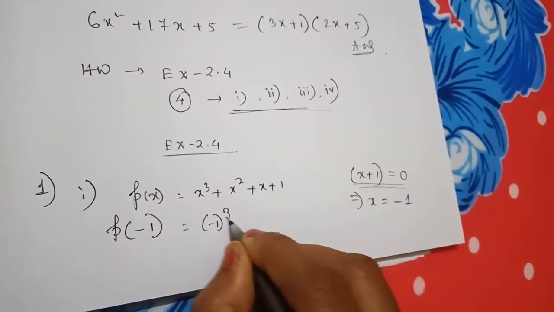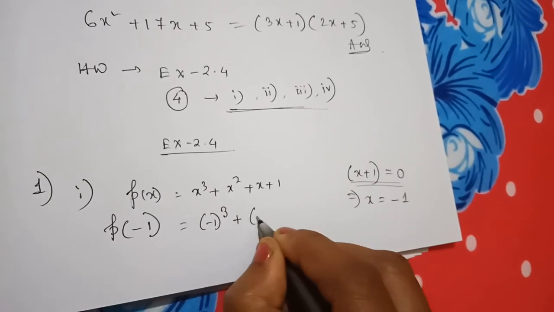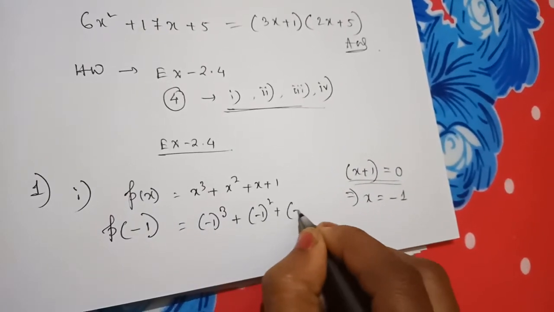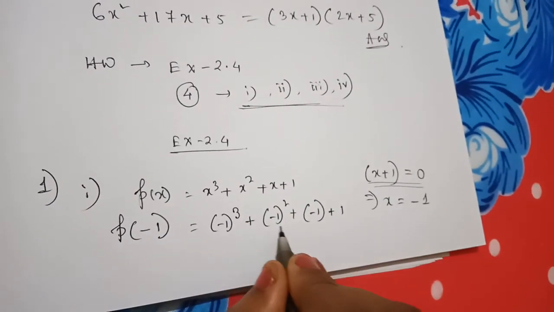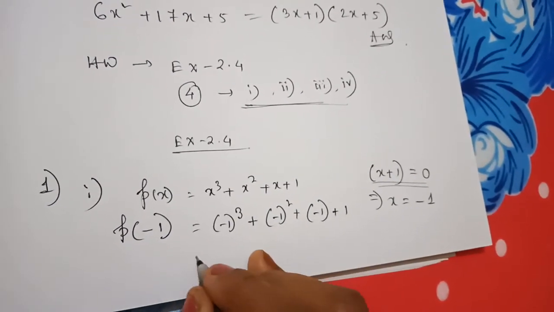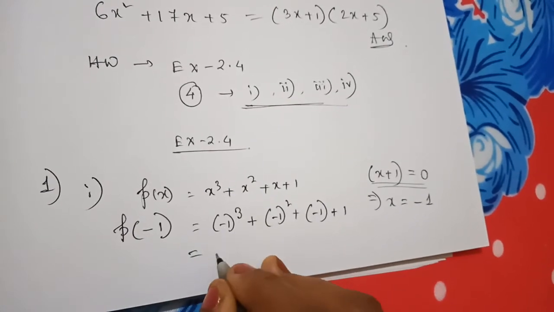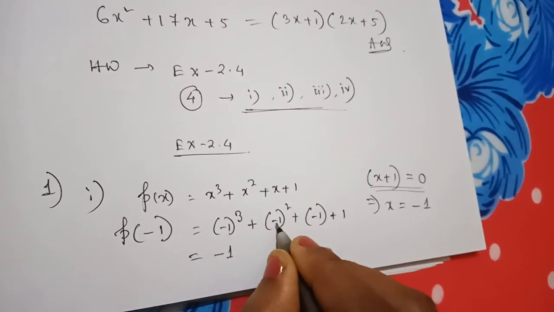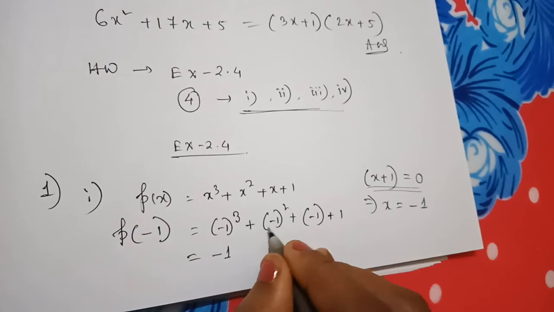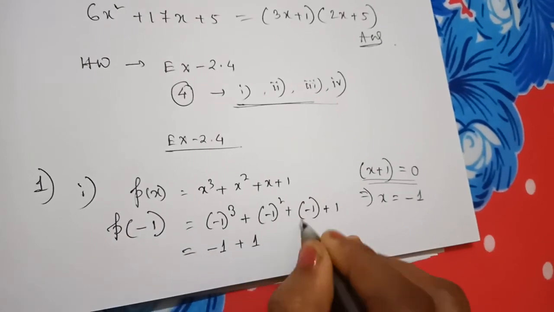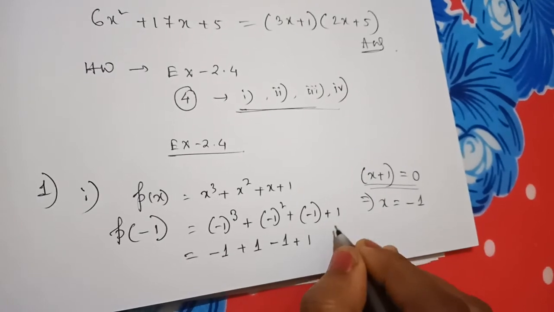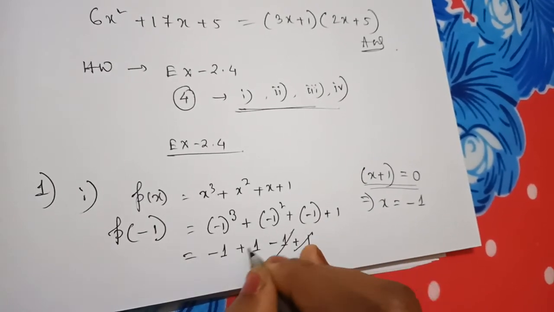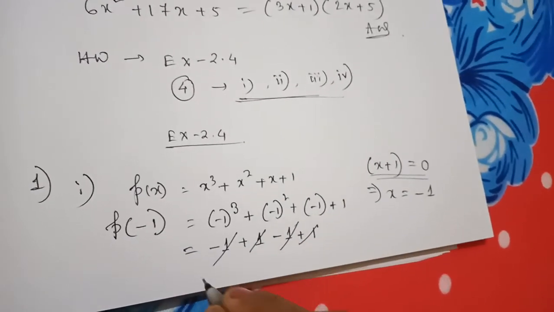P of minus 1 is minus 1's whole cube, then minus 1's whole square, then minus 1 plus 1. Don't forget to give the brackets for negative numbers. Minus 1's whole cube is minus 1 again. Minus 1's whole square is plus 1. Then minus 1 and plus 1 as it is. So plus 1 minus 1 cancelled, plus 1 minus 1 cancelled.